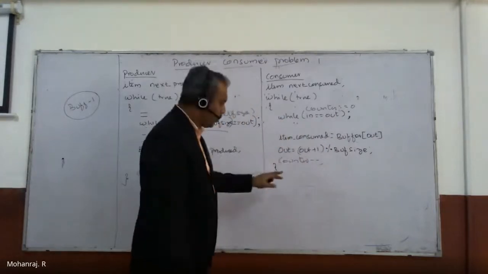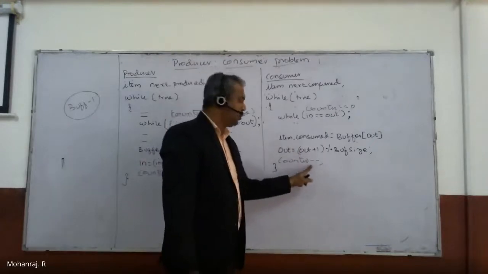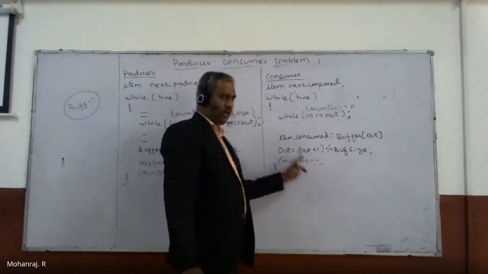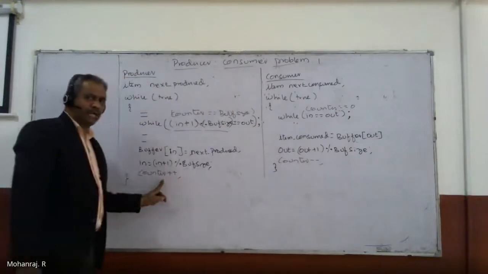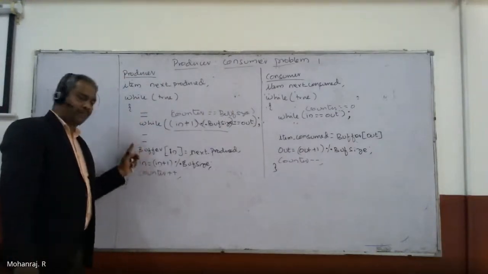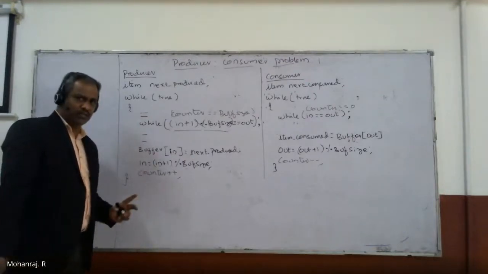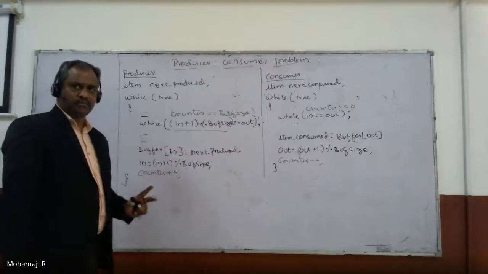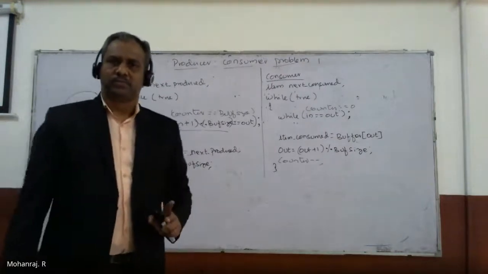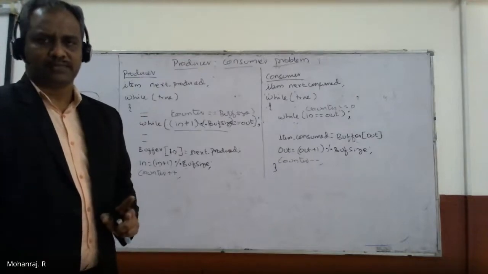So appropriately, as soon as an item is consumed, you need to decrement the counter value. As soon as you have placed a new item into the buffer, you need to increase the counter value. Is that clear?